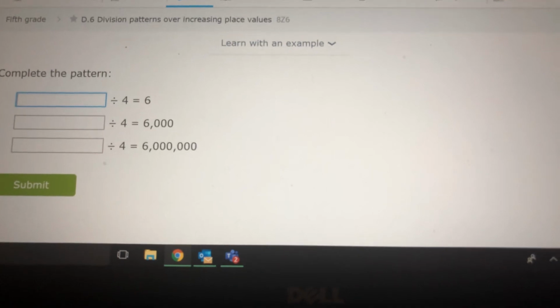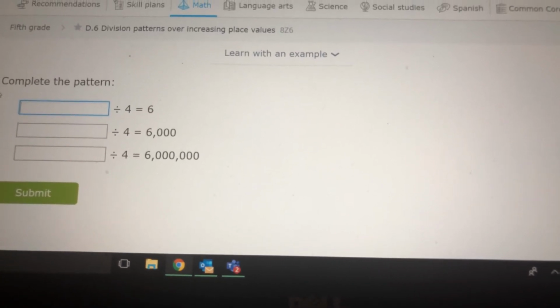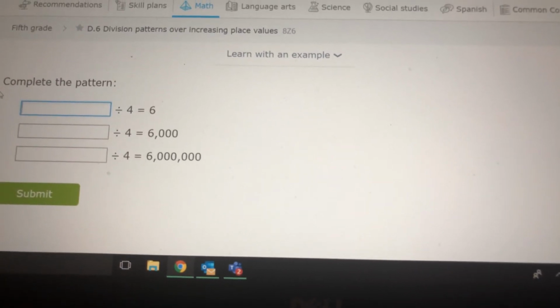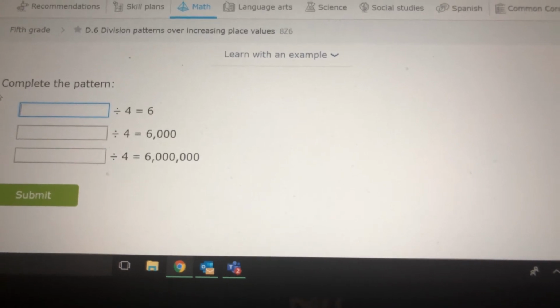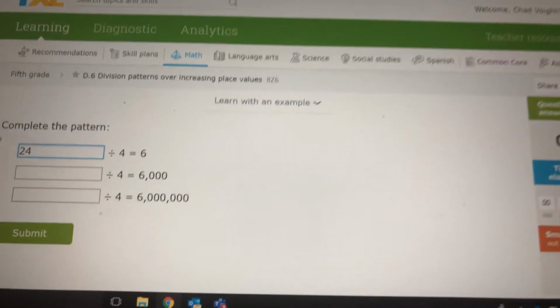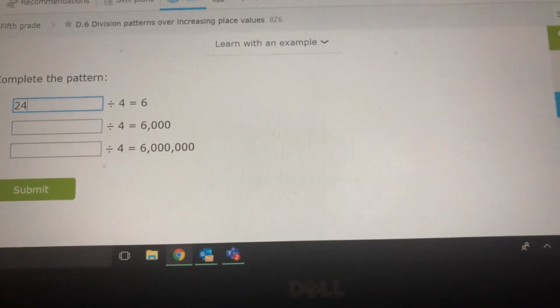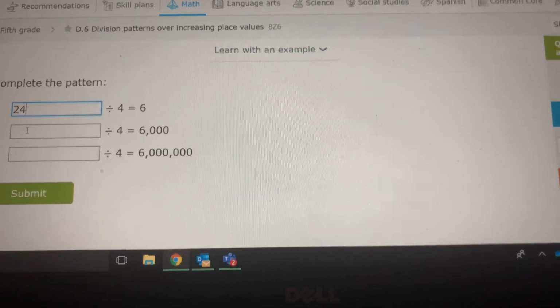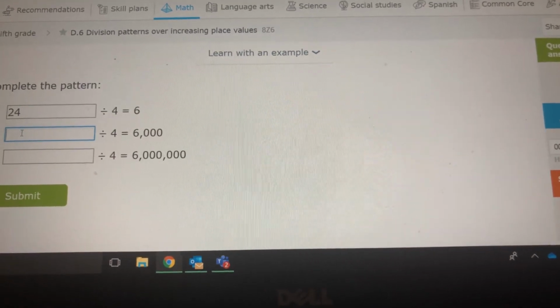So what times 4? Well, 6 times 4 is 24, so that would give us 6. So this would have to be 24 divided by 4 gives us 6. Now, what divided by 4 would give us 6,000?